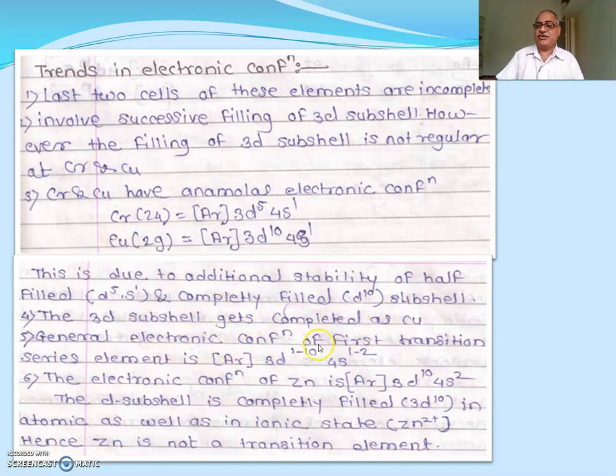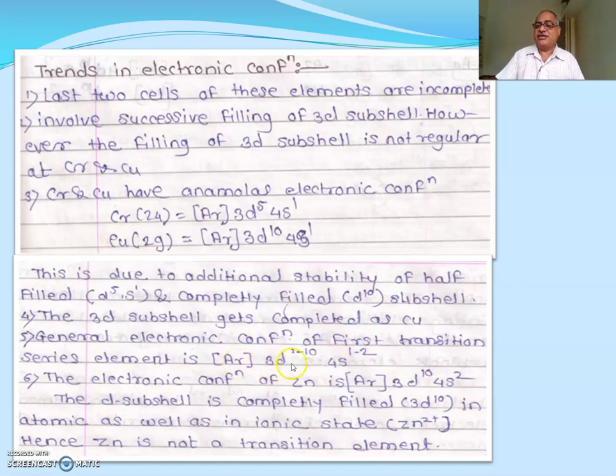Generally the electronic configuration of the first transition series is argon 3d 1 to 10 4s 1 to 2, where n minus 1 is considered as 4 minus 1, that is 3.